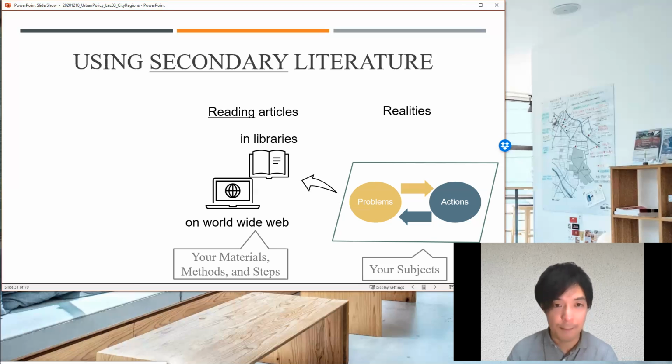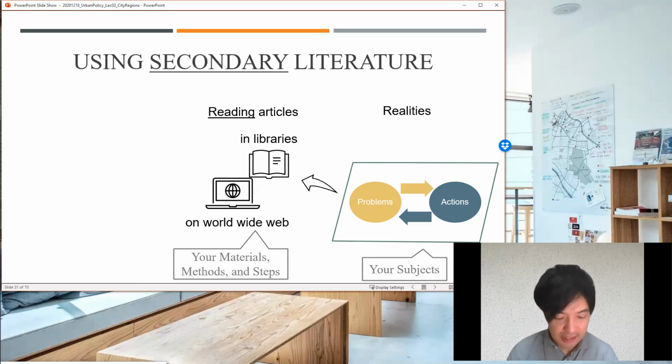And what is your step? Your steps may be how you did all this process and how you decided to focus on one or two of the topics that were included in the articles. But anyway, these are the things that you need to explain in the scope part.